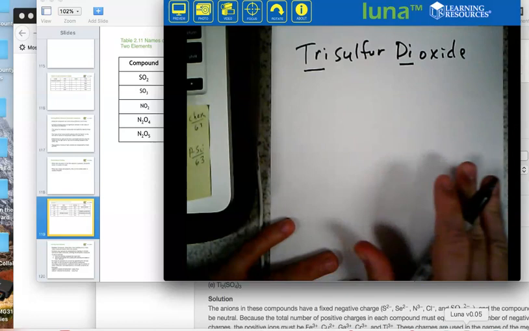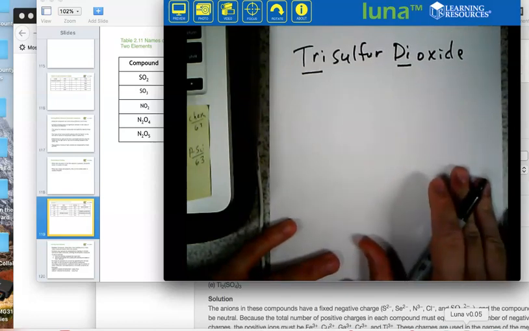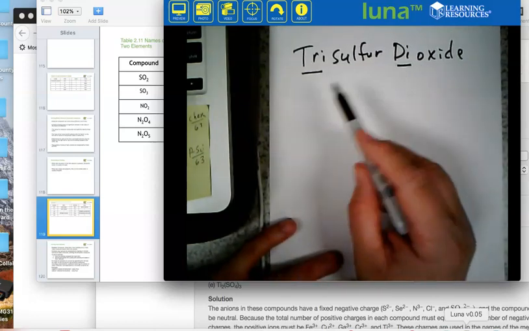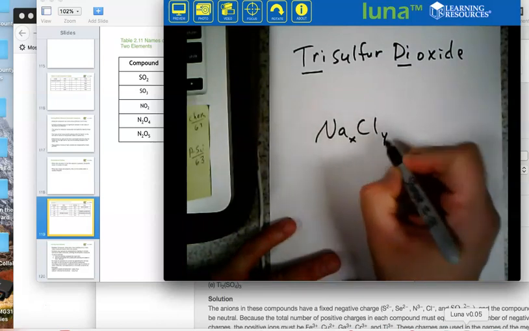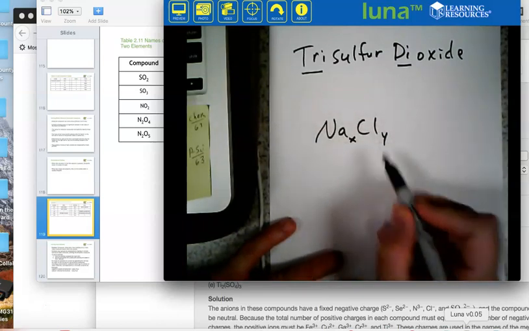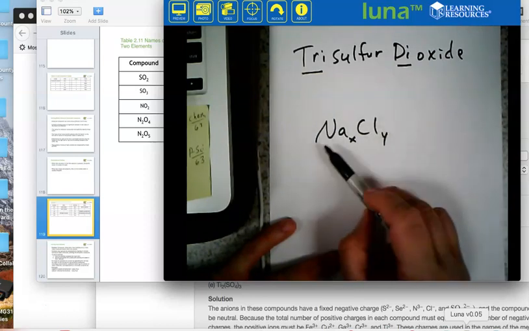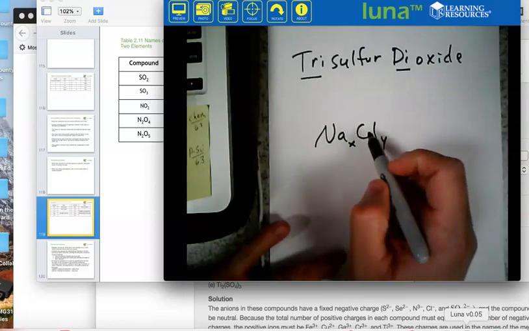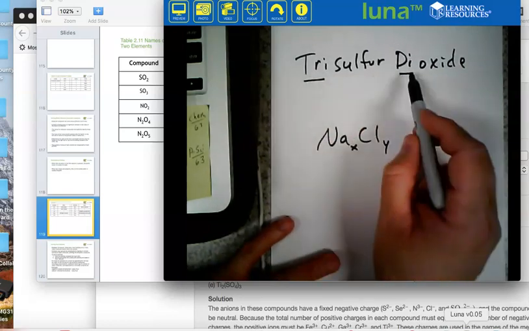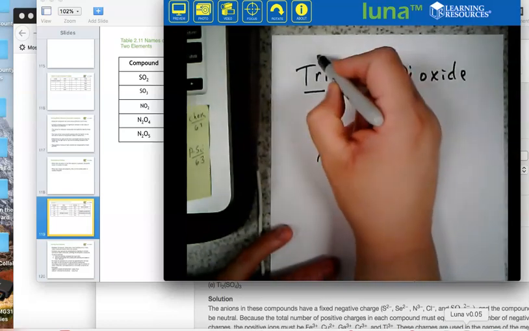So remember whenever we were writing the formulas for ionic compounds and we had to do the math to figure out how many there were for each? Remember, like we had sodium chloride, we didn't know what the subscripts are here. We have to figure them out by knowing the charges on each ion. Well, with molecular compounds, it's not that difficult because the prefixes tell you how many there are. So isn't that nice?